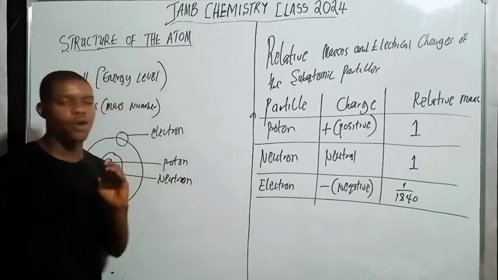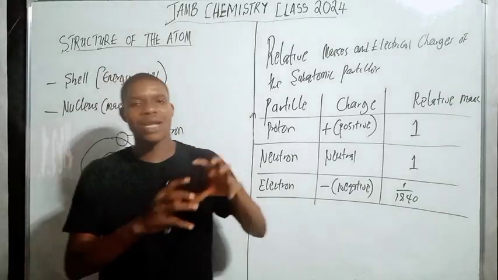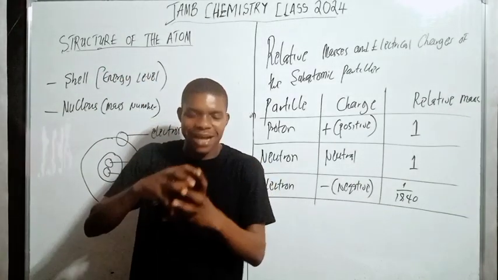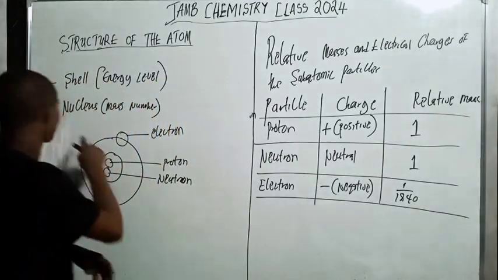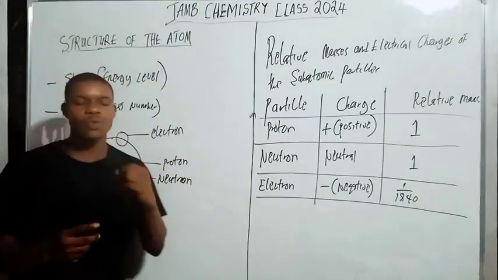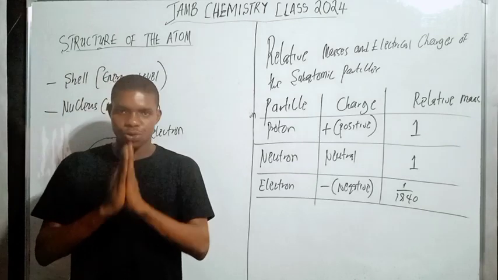So if they ask which part of the atom holds the mass of the atom, you have to say the nucleus. Why? Because it contains the proton and the neutron.